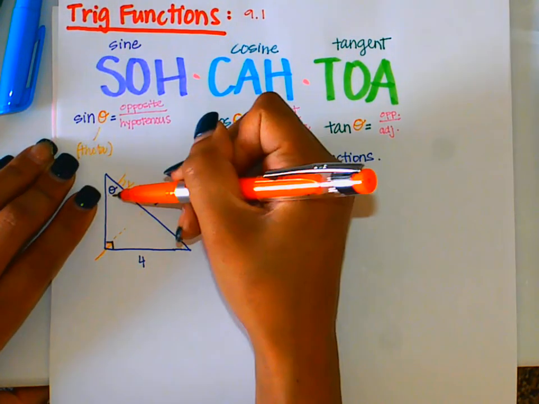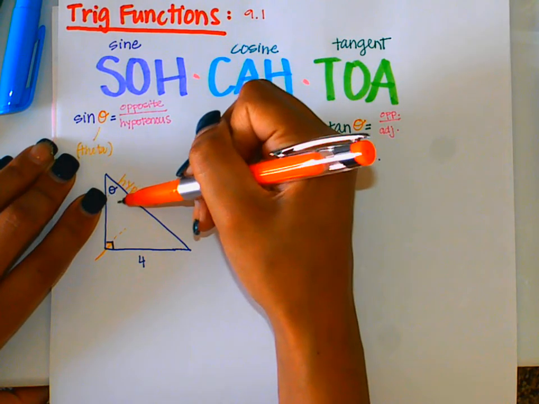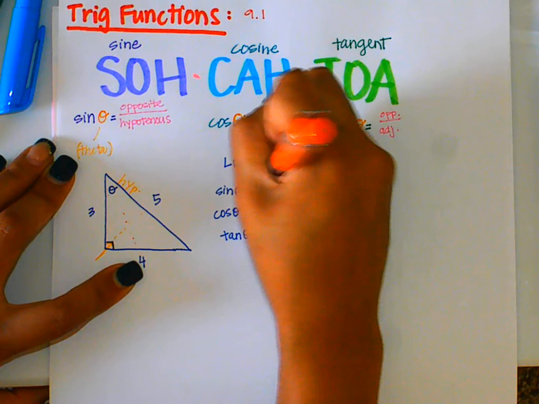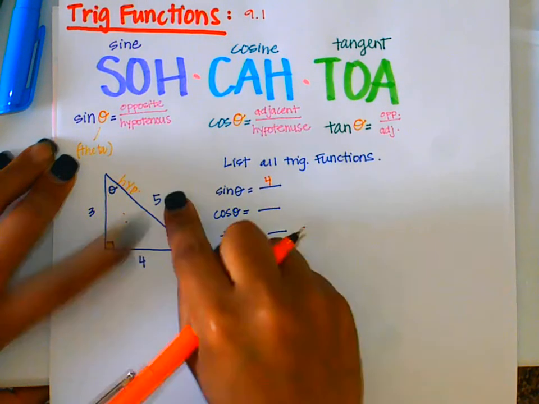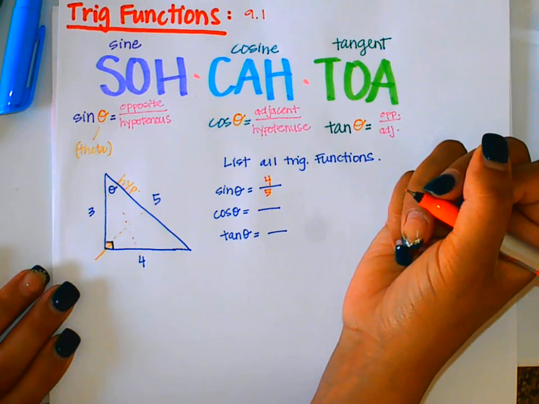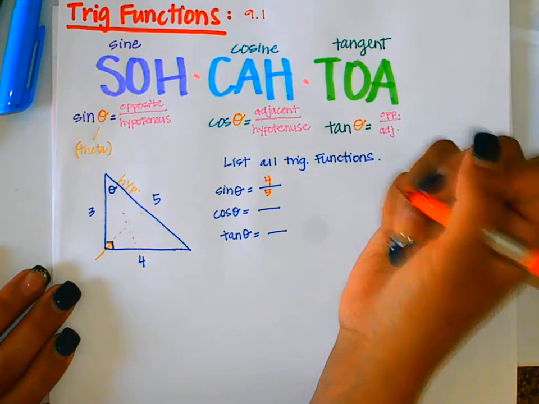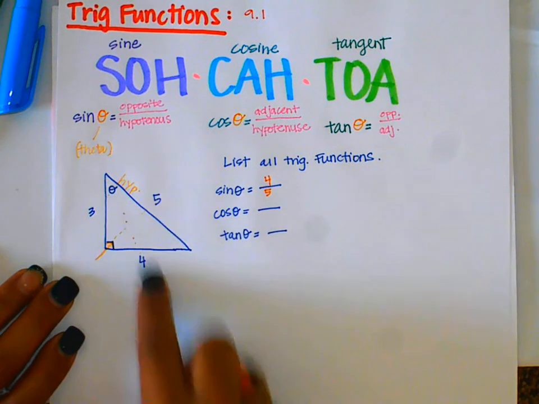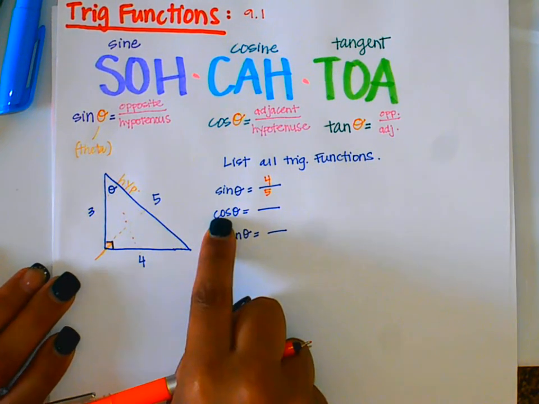So here is our theta. Across from it is 4. Hypotenuse is the 5. So 4 over 5. Again, you look at your theta as your reference point. What is the opposite side of that? 4.